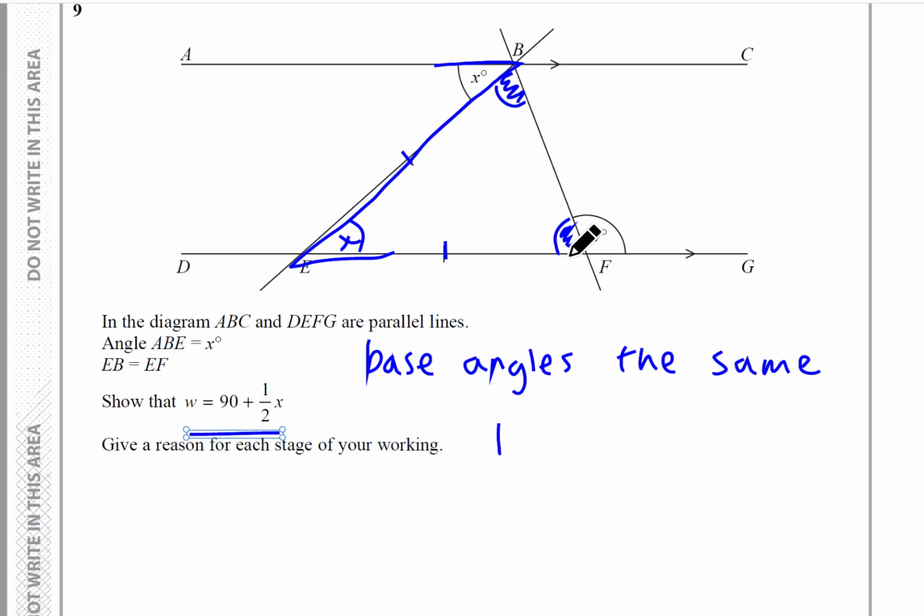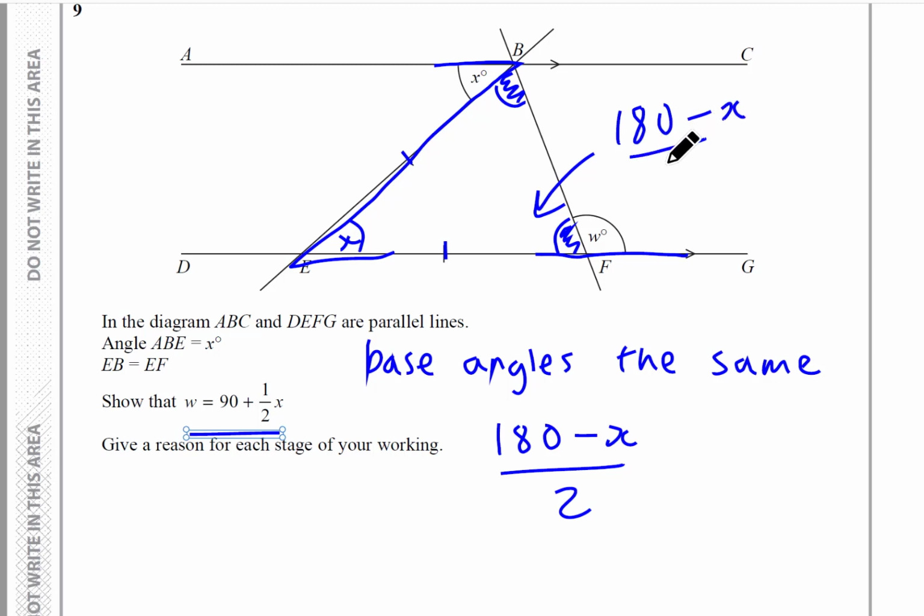And once we find out this base angle, we can see this straight line here, so we can find the angle W. So what we need to do is 180 minus x will give us the size of these two angles in total, but we want one of them, so we divide it by 2. So this angle here is (180 minus x) divided by 2 algebraically, and we're almost done.